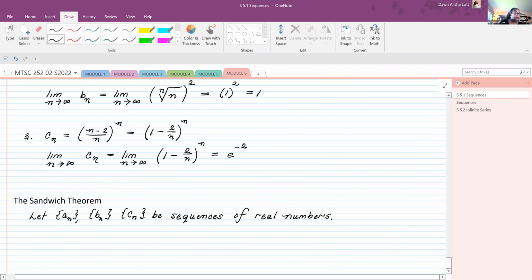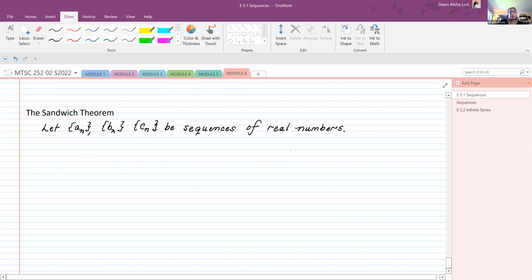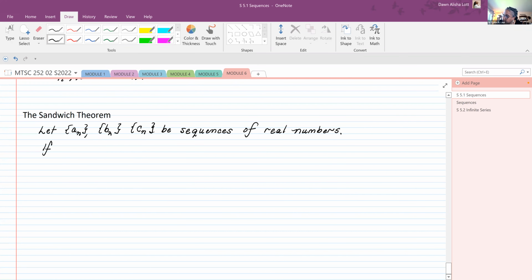Okay, if the nth term of AN is less than or equal to the nth term of BN, which is less than or equal to the nth term of CN after a certain point, so this is for n bigger than some special n, after that n this is true, and n is large.